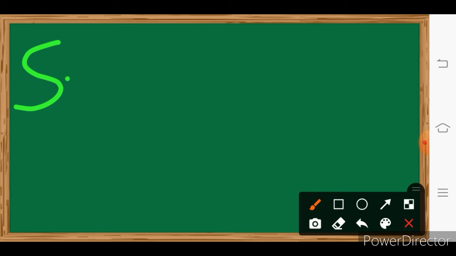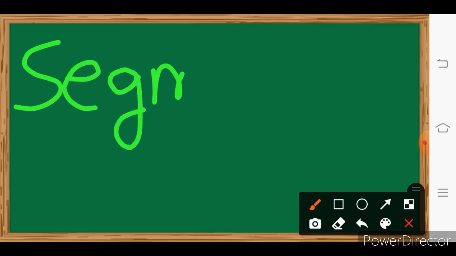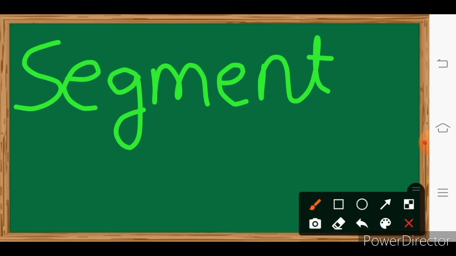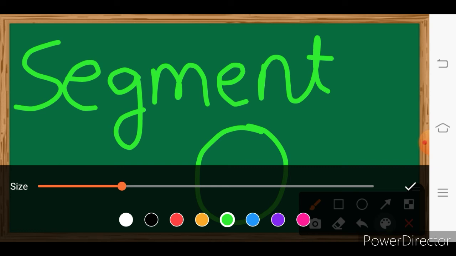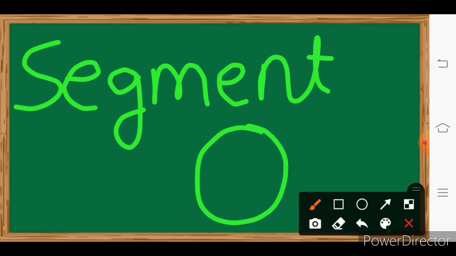Next one is segment. If we take a circle with a chord AB, a chord means joining two points. A chord intersects the circle at two points and forms a line segment.